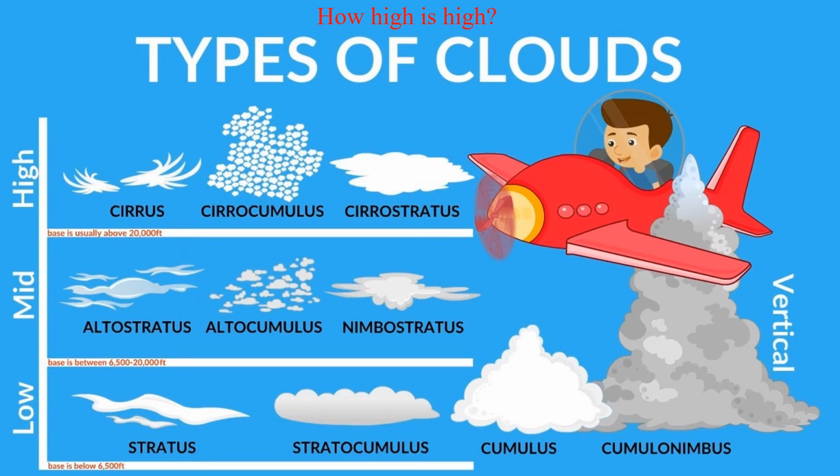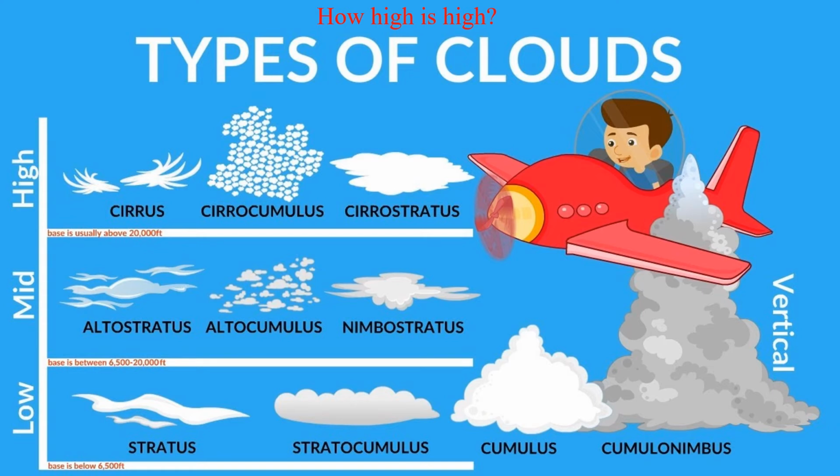So the clouds that can be found there are stratus, stratocumulus, cumulus, and cumulonimbus. Base between 6,500 to 20,000 feet is called middle clouds. So you can see altostratus, altocumulus, and nimbostratus.